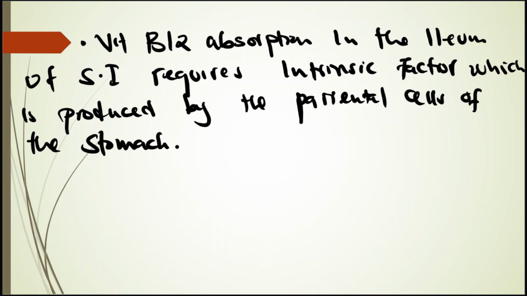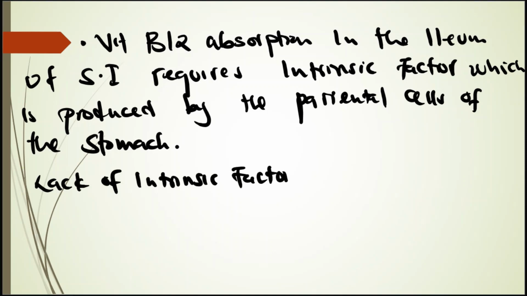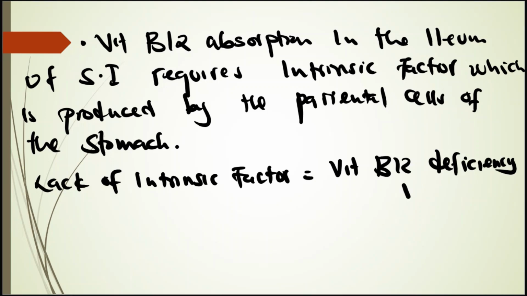So if there is no intrinsic factor, there is no vitamin B12. A lack of intrinsic factor is going to lead to vitamin B12 deficiency. This deficiency is going to lead to pernicious anemia.